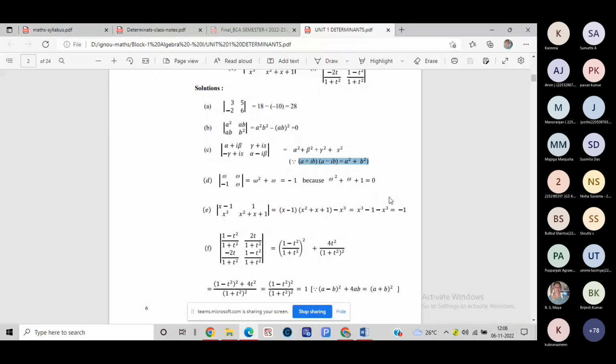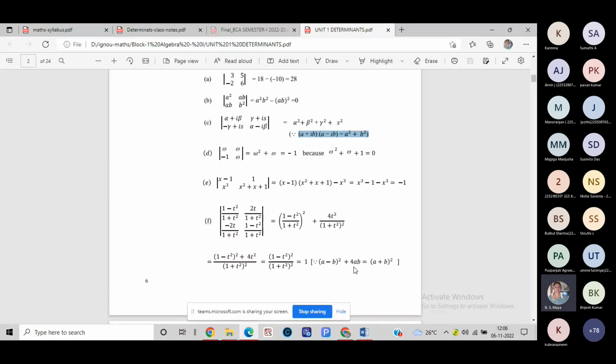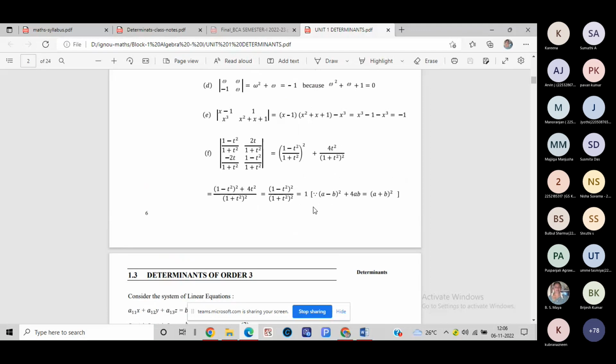1 plus 3t square divided by 1 plus t square whole square. The answer you will get is this. See, we have a multiplication. If you do cross multiplication, you will get it 2 times. Because of 2 times, I put square. This symbol is also same and this symbol is also same.